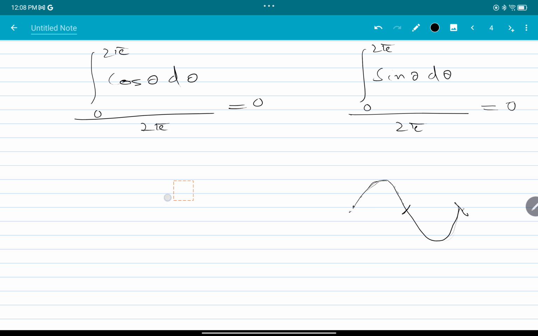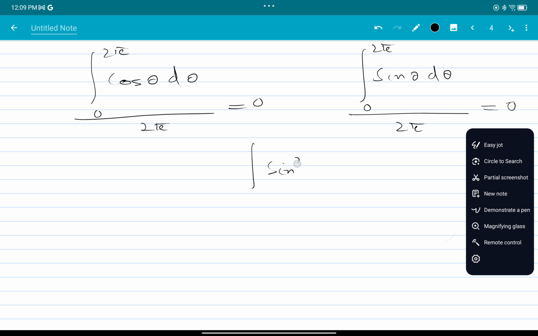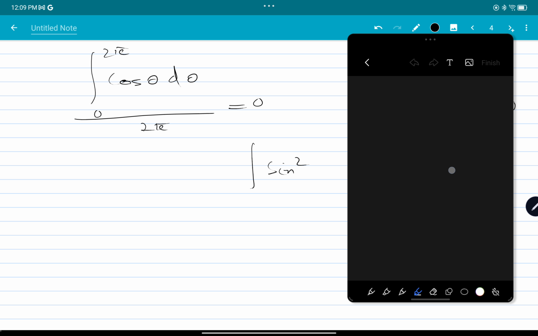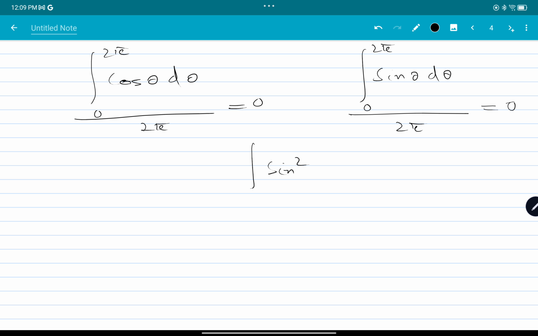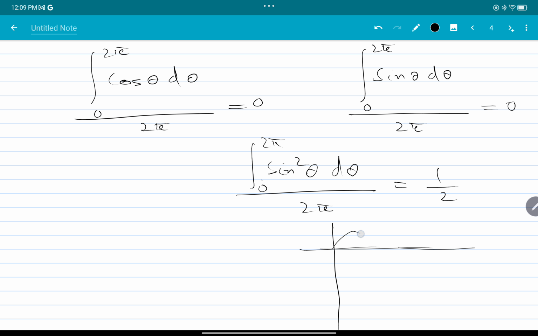But now, instead of this, suppose you want the average value of sine square theta d theta divided by 2 pi. The average value of sine square theta over a full cycle will be 1 by 2. You can have a rough explanation of this. Suppose you have sine theta and you now square it.